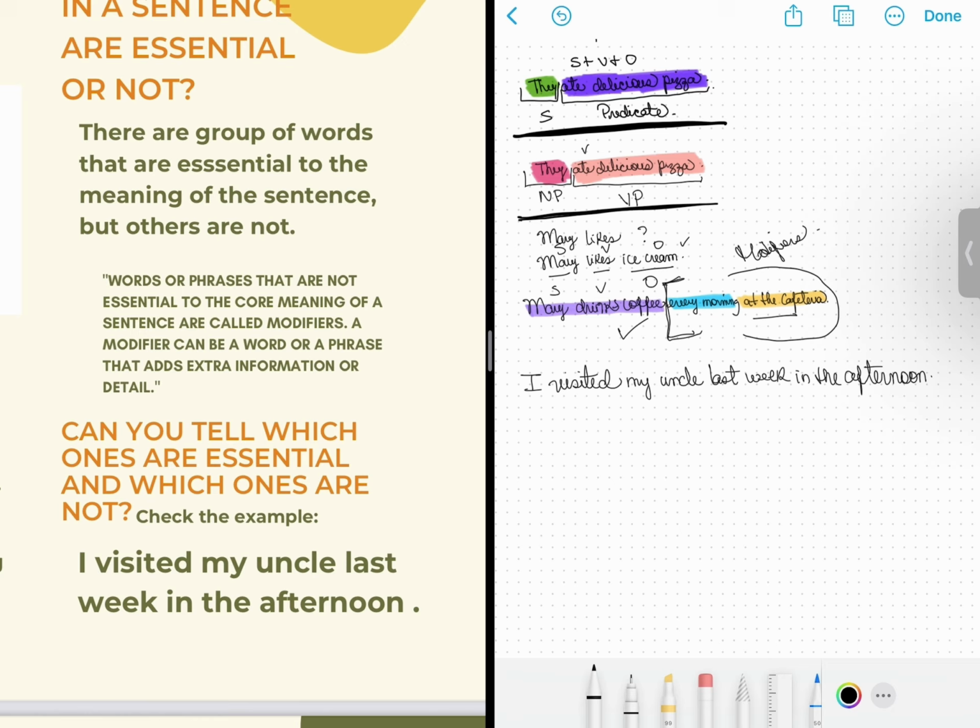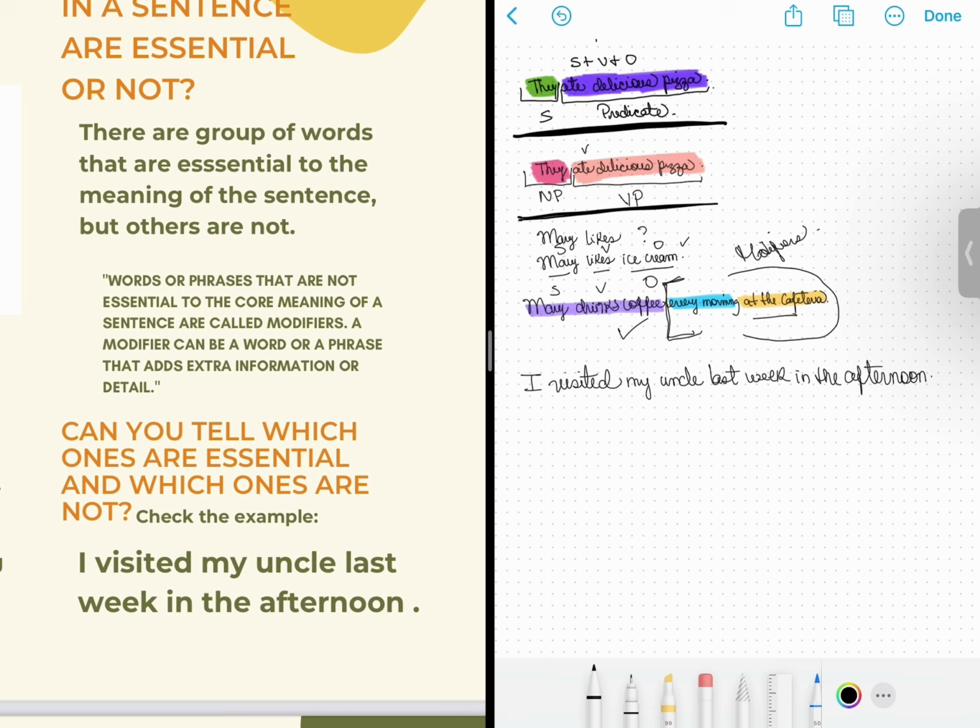Modifiers are those words that are not essential to the core meaning of the sentence. For example, in here, I visited my uncle. I cannot say just I visited because I need something else. I visited whom or what? So in this case I need my direct object. And also the extra information that is following or describing the sentence, but we are not. So with this, I'm going to do the parsing.